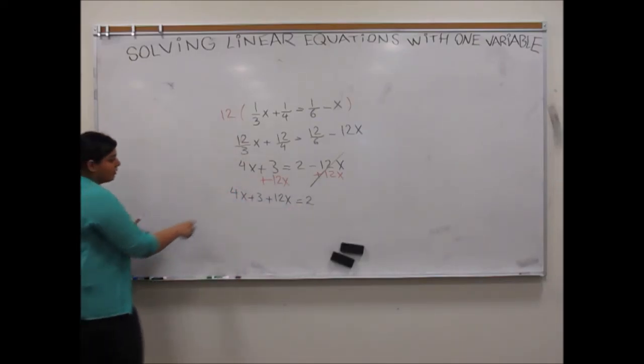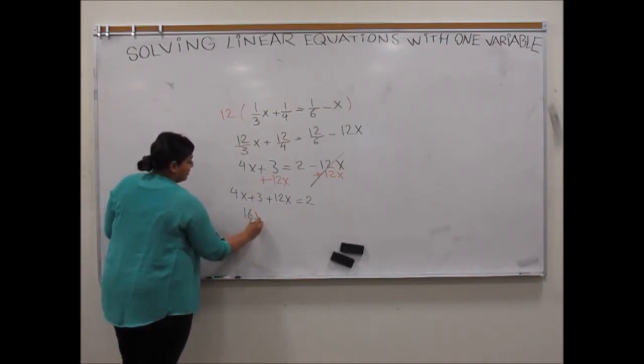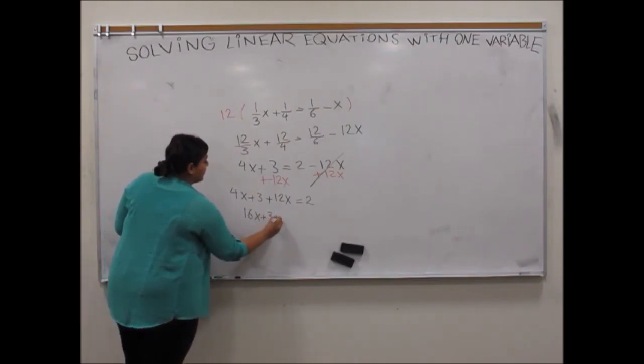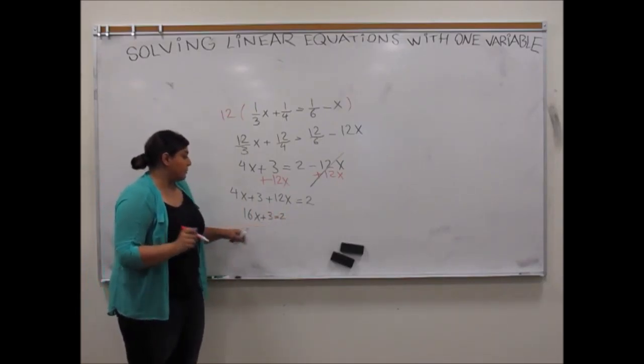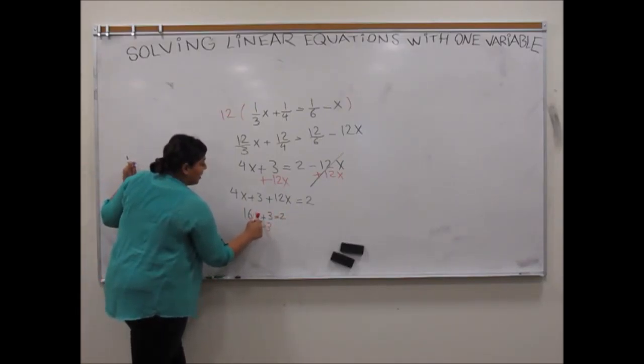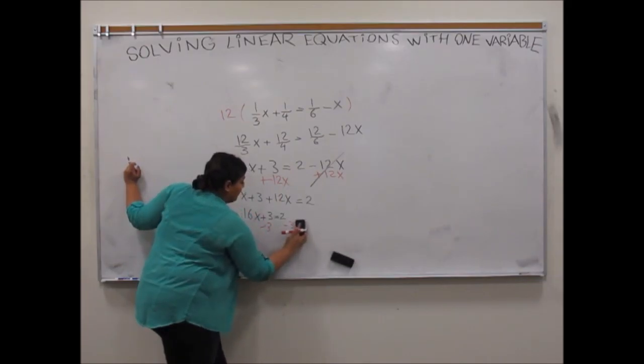Here, 4 plus 12 is 16. So 16x plus 3 equals 2. That 3 is bothering me, so it's positive, so I'm going to say negative 3 for both sides.